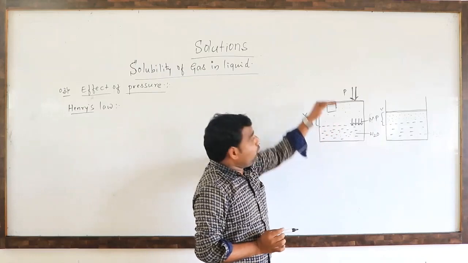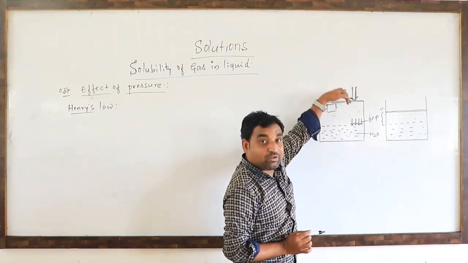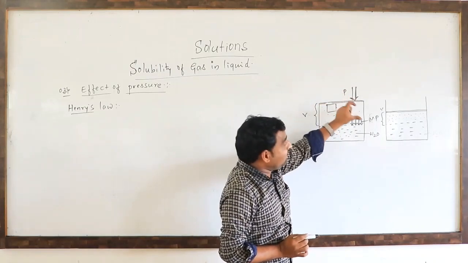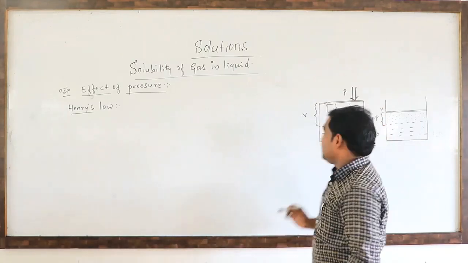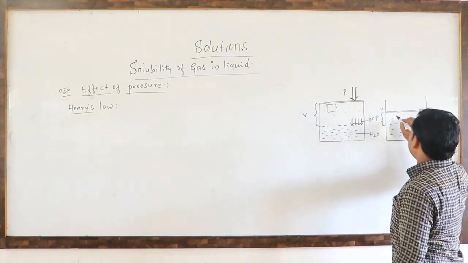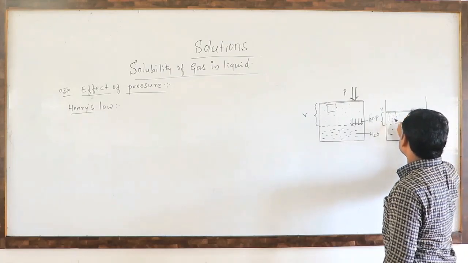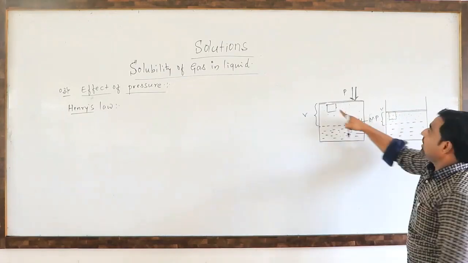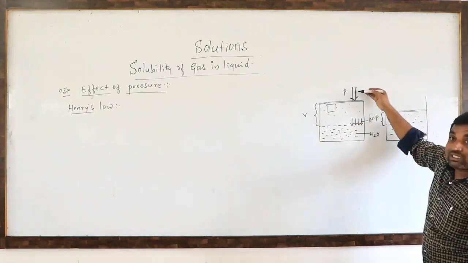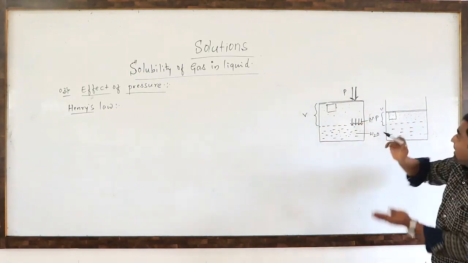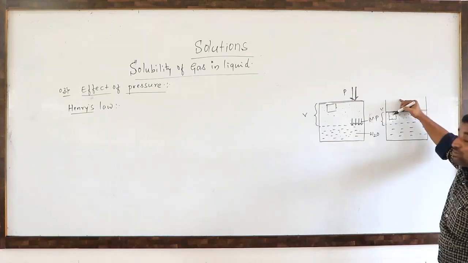When we increase the pressure by decreasing the volume, the number of vapor molecules per unit volume will increase.